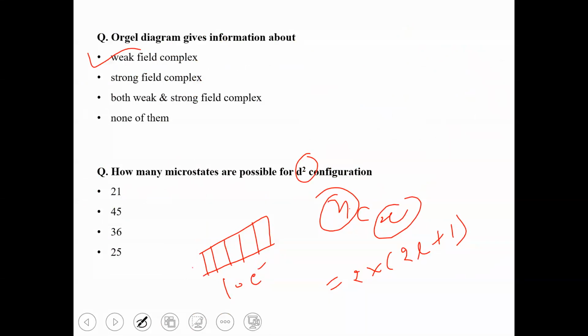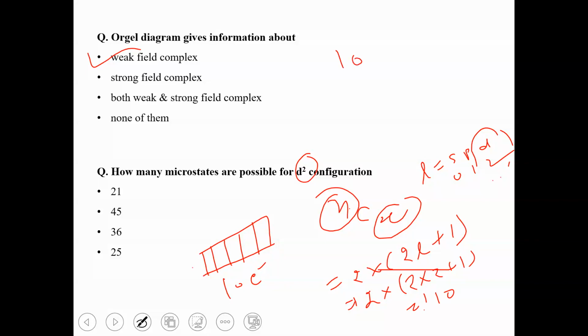Because there are five orbitals. And if you just put the value of d, that is 2, it will be 10. And just apply the formula, that is 10C2.